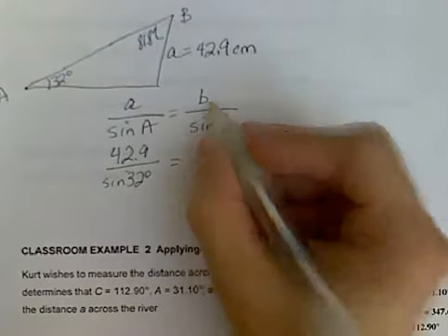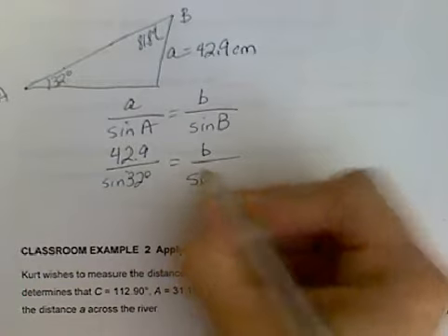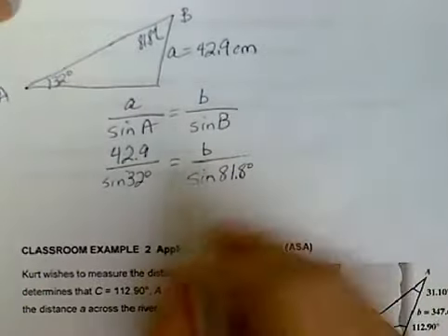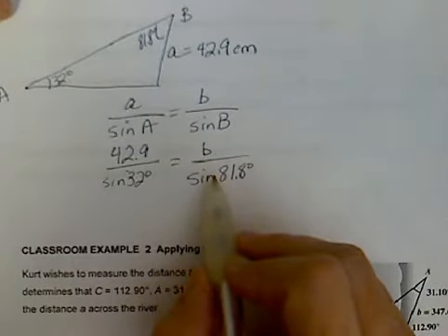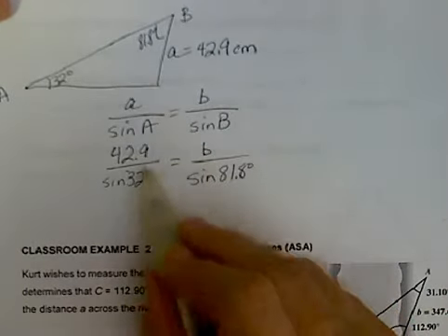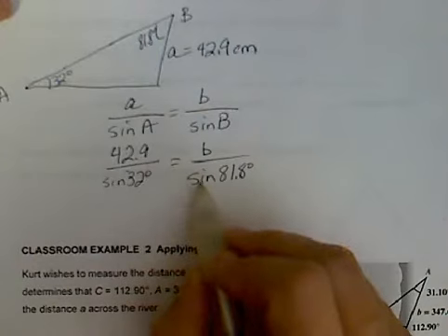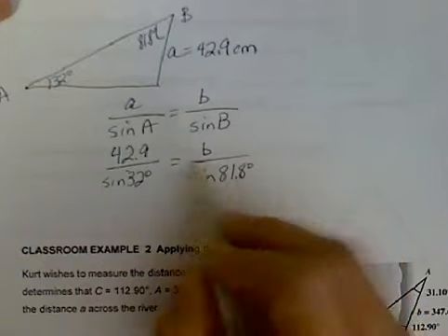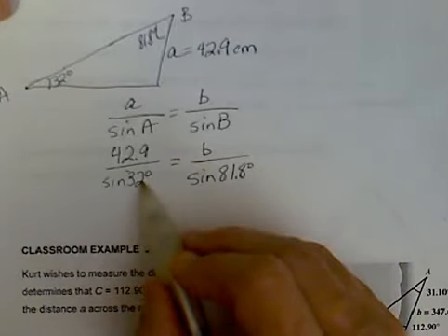The quantity I don't know here is the B. Now I'm going to take this equation and solve it for B. I can cross multiply. That would give me 42.9 times the sine of 81.8 equals B times the sine of 32.